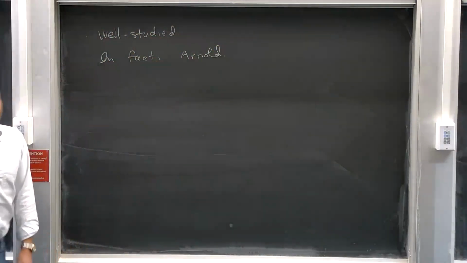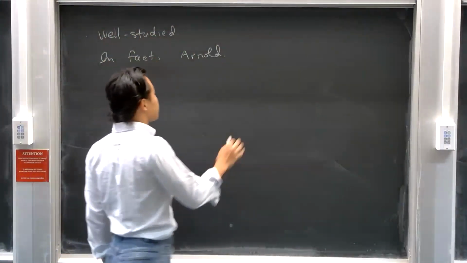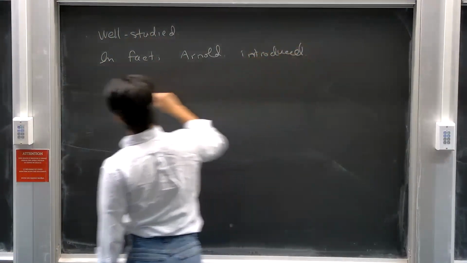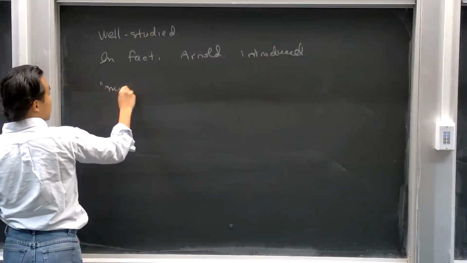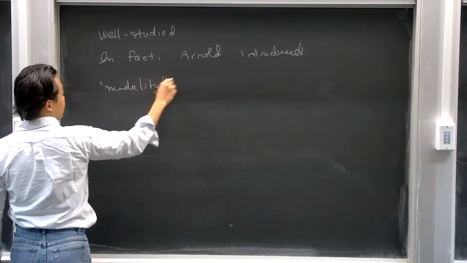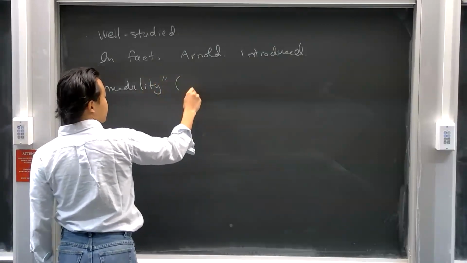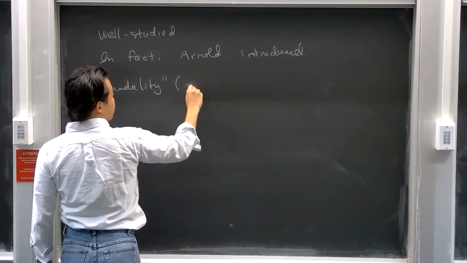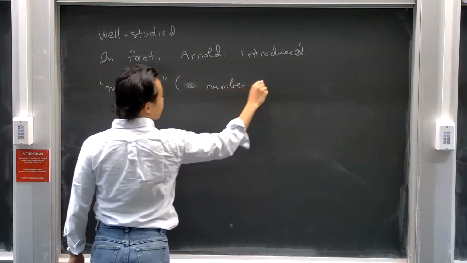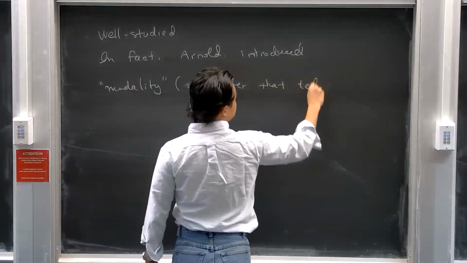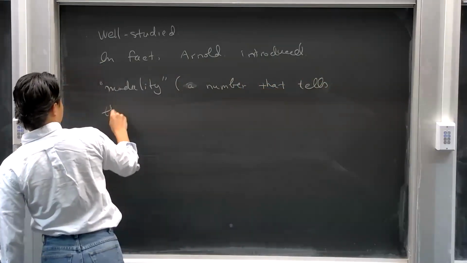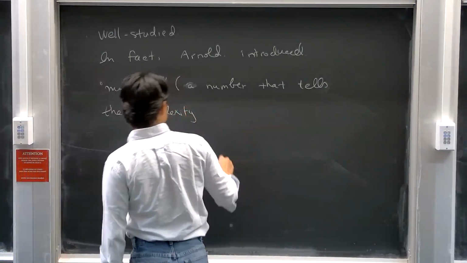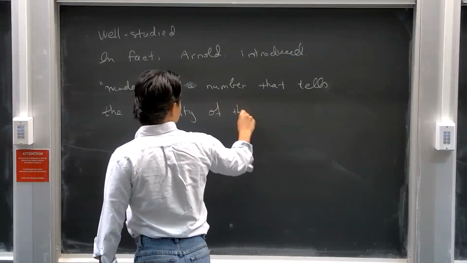Arnold introduced a notion of complexity called modality, which, roughly speaking, is a number that tells you how mild or nasty the singularity is.